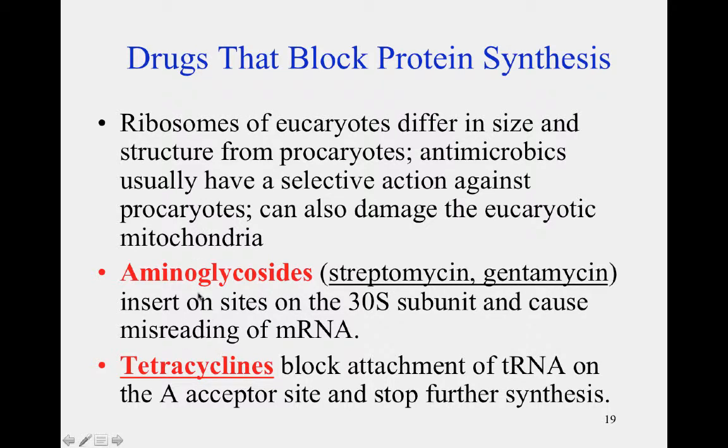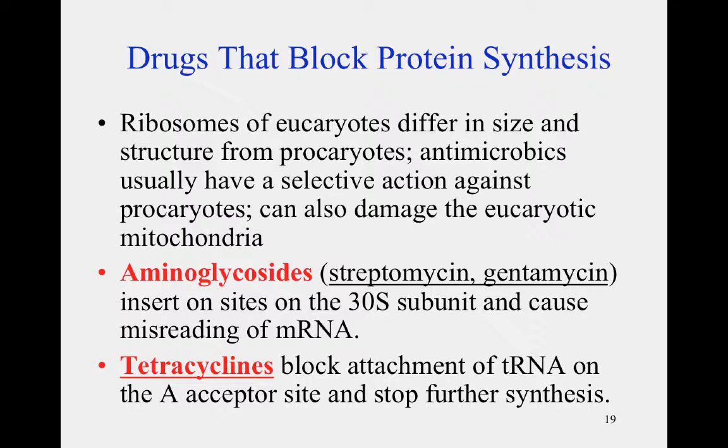Now, aminoglycosides are one group of these protein synthesis inhibitors, such as streptomycin and gentamicin. All of these protein synthesis drugs work in a different way to stop the translation process on the ribosome, someplace on the ribosome, either the large subunit or the small subunit, or the interface between them.